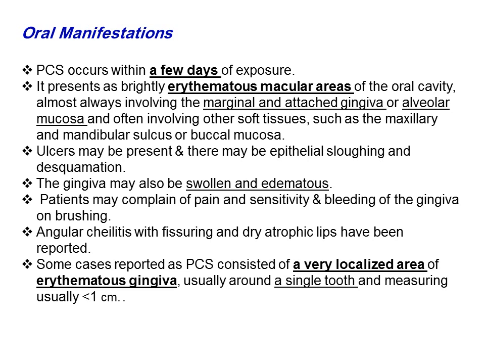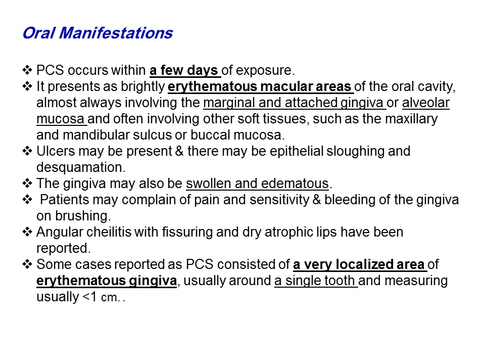Erythematous macular areas of the oral cavity involve the marginal and attached gingiva and alveolar mucosa. Soft tissue may also be affected in the maxillary and mandibular sulcus and buccal mucosa. Ulcer may or may not be present. Epithelial sloughing and desquamation may also be seen. The gingiva may be swollen and edematous.